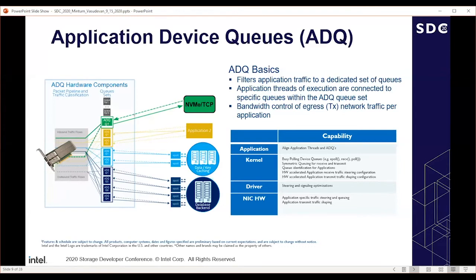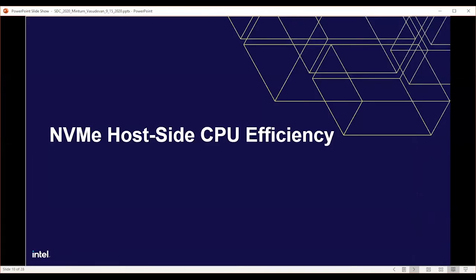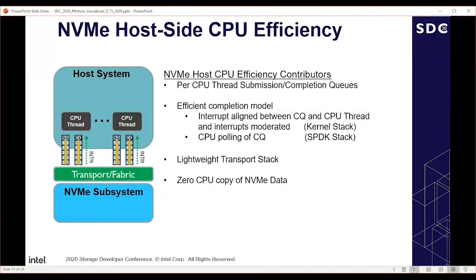Okay, the next section deals with the NVMe host side CPU efficiency of the transports. We're starting with this slide, which shows the basic model for NVMe, what the host side characteristics are for efficiency, and what the contributors are.